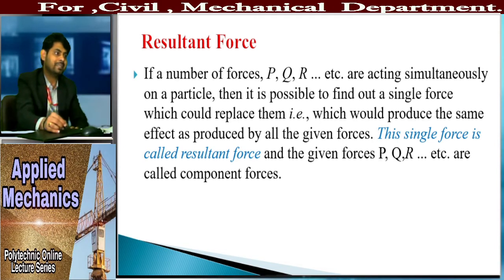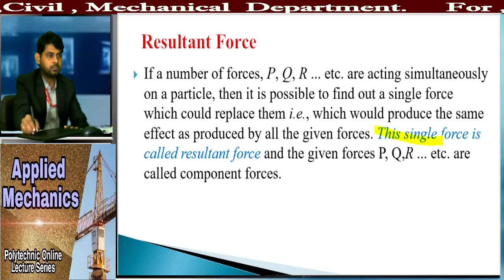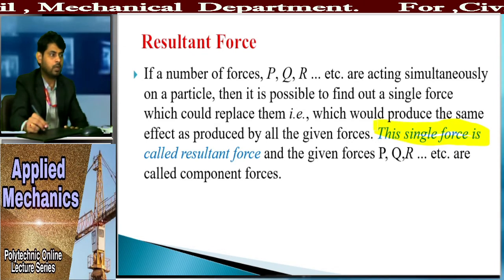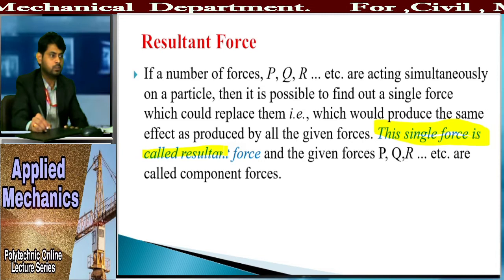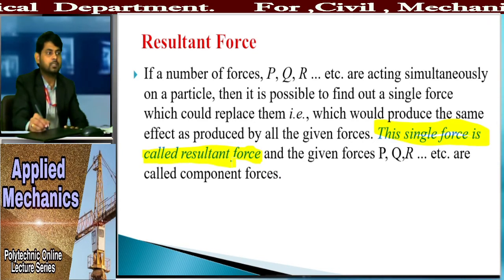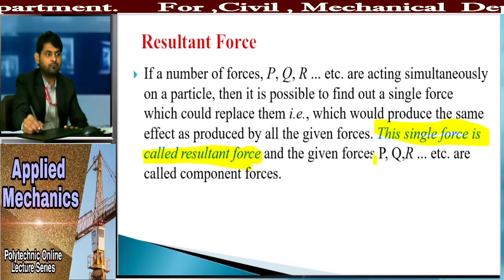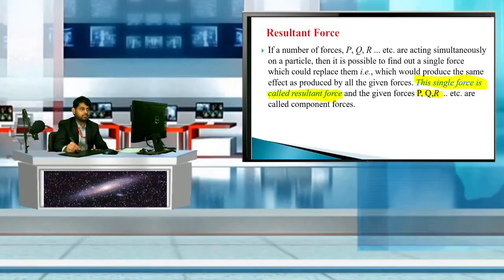So this single force is nothing but your resultant force. The force which replaces the number of forces is the resultant force, and the given forces P, Q, R are the component forces. So this is the definition of the resultant force.